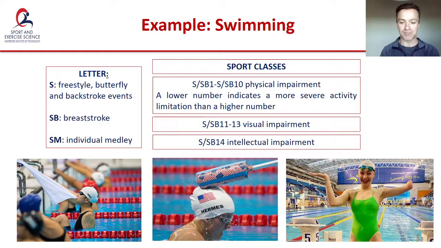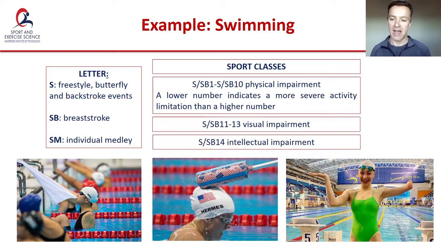In swimming, we also have athletes who compete with a visual impairment, so they have their own classification. We have either S or SB 11, 12 or 13 for athletes who have visual impairment. Obviously, again, the lower the number, the more visually impaired they are.